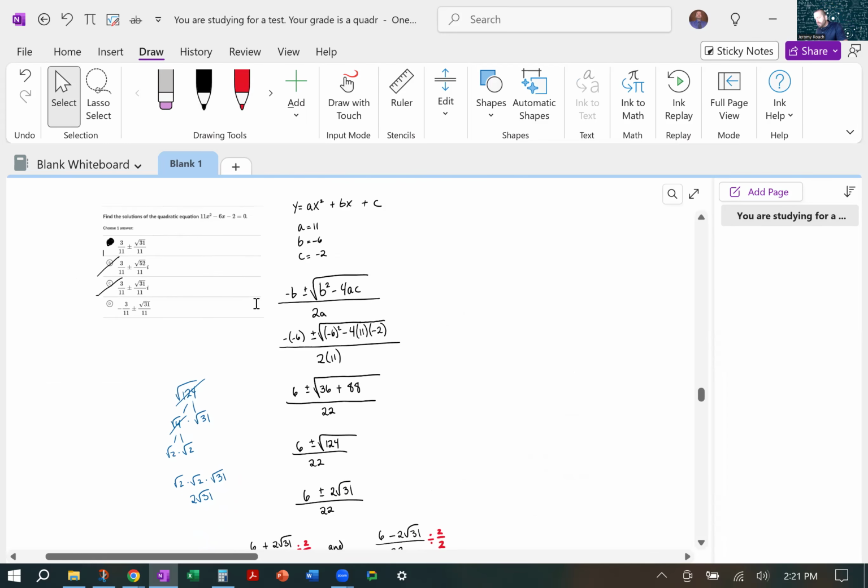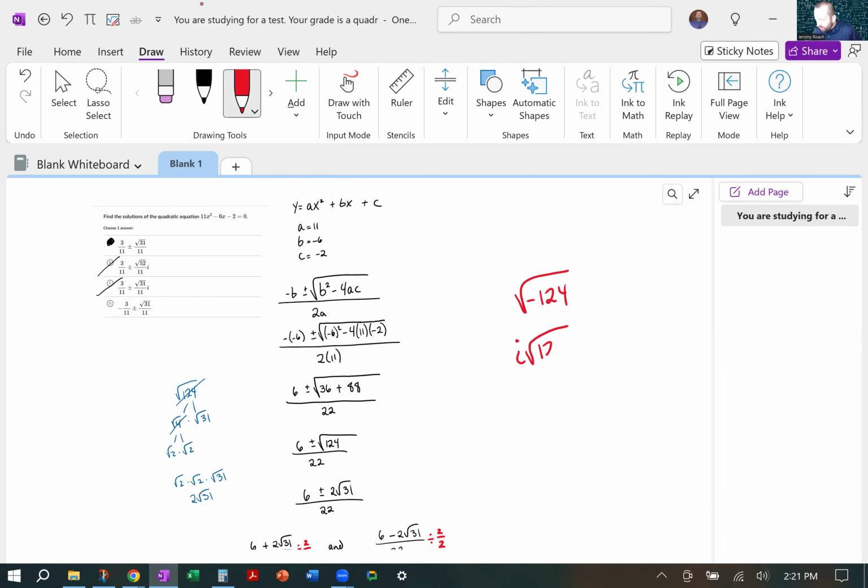Okay, so again, if you get a negative number inside of the square root, make sure that you bring an i on the outside. This is a totally different problem now. If this was the square root of negative 124, this would be i root positive 124. Then we would simplify, and that was the same thing as 2 root 31.